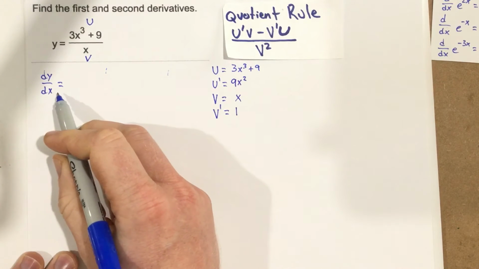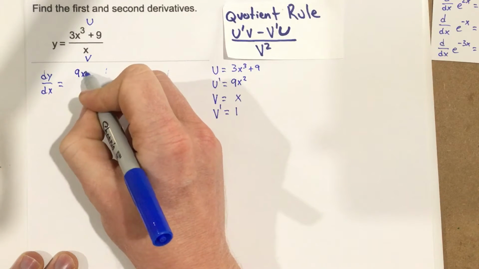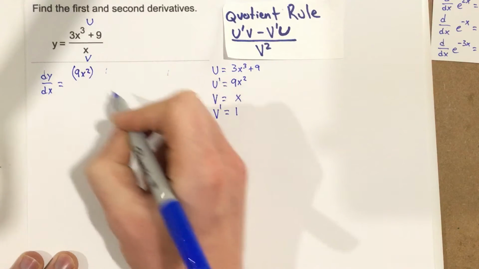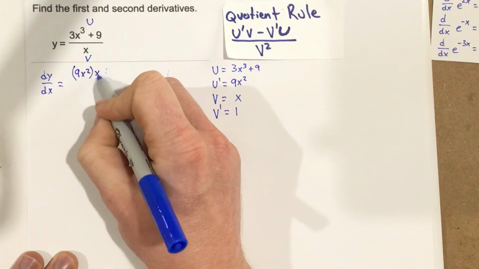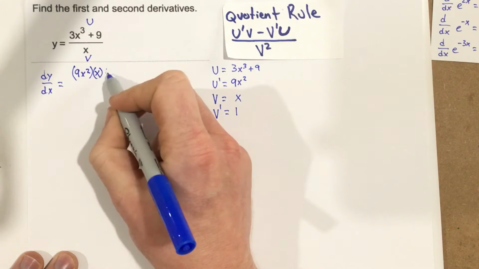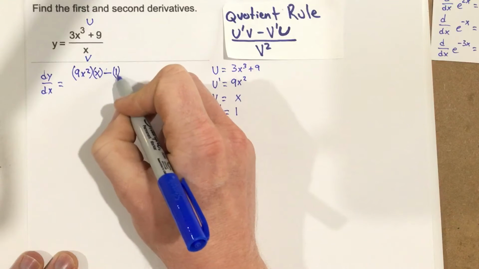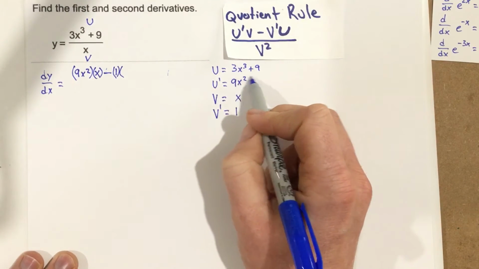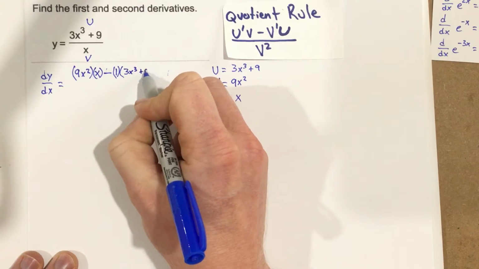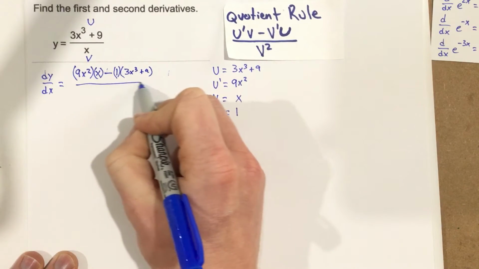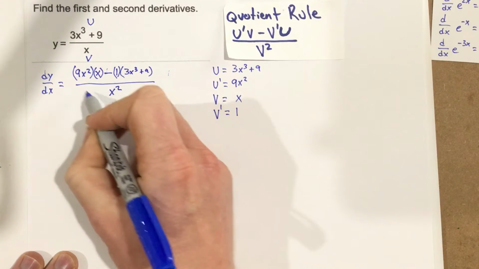So dy over dx, using the quotient rule, is going to be 9x squared when we use u prime to start, times v, which is just x, minus v prime, which is 1, times u, which is 3x cubed plus 9, all over v squared, which is just going to be x squared.